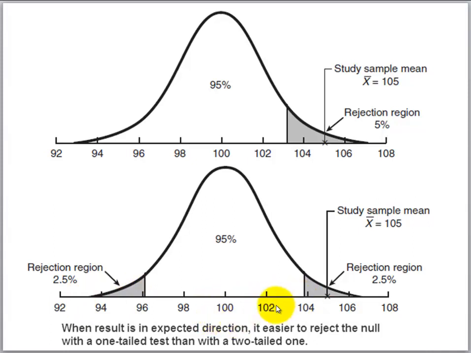So you can see, focusing on the direction of expectations, which is to say the right-hand side of these distributions, we got to come out farther from the value stated in the null when the test is two-tailed than when it's one-tailed. So it's easier to reject the null with the one-tailed test because the rejection region is beginning closer to the value stated in the null.